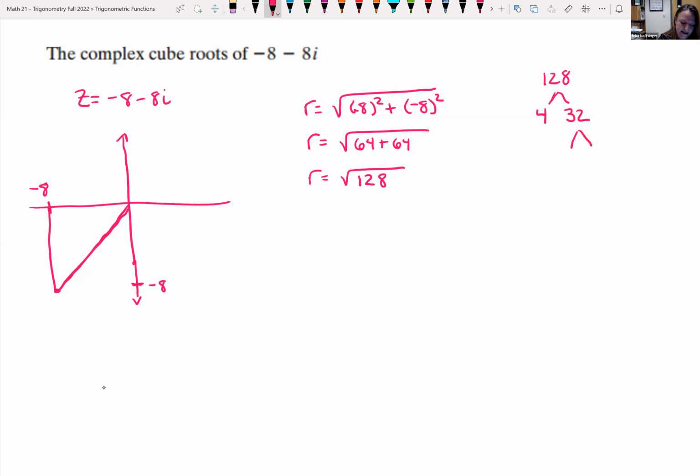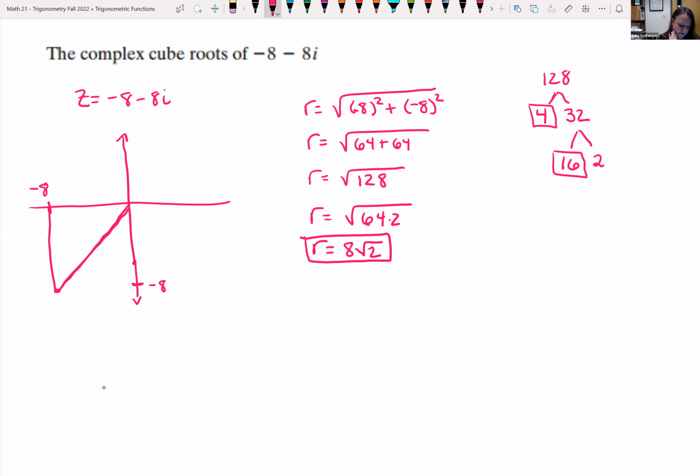I know 16 is a factor of 32, and 16 times 2 is 32. So looking at this, I'm combining my two perfect squares, 4 times 16, which is 64. So R is the same thing as the square root of 64 times 2. So R is equal to, taking the square root of 64, I get 8, and then I'm left with root 2. So I figured out what my R value is.